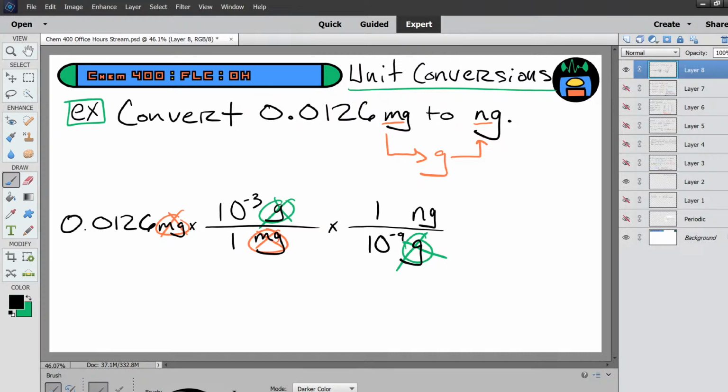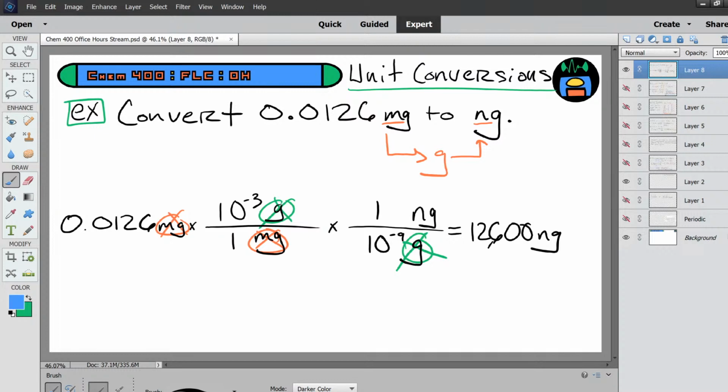All right? You punch this into your calculator, and your calculator will give you 12,600 nanograms as your answer.